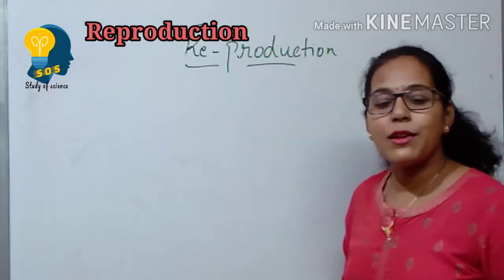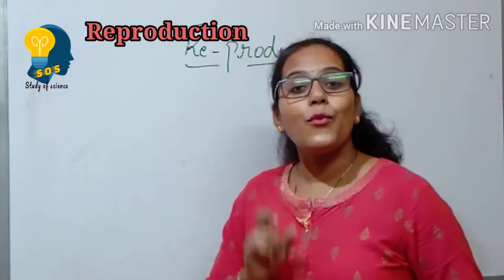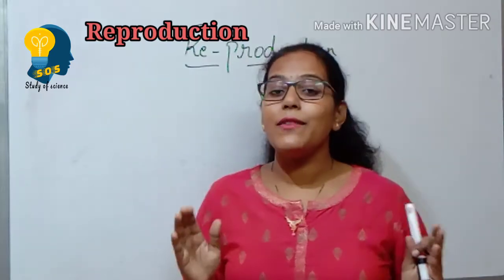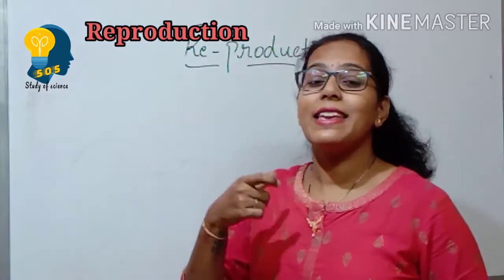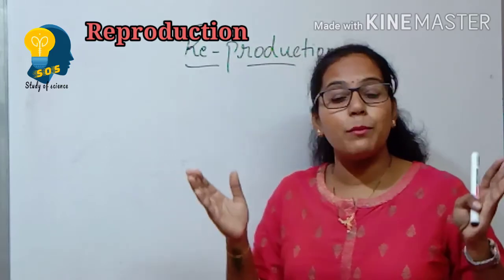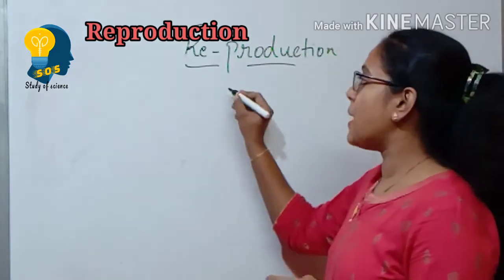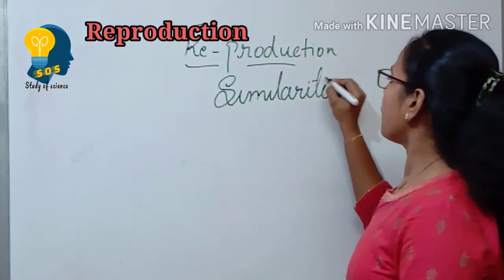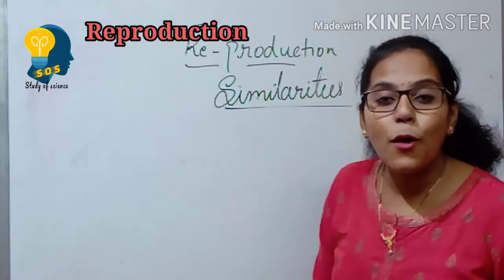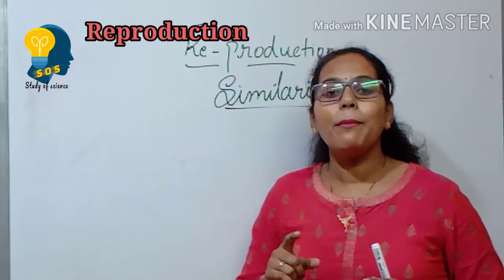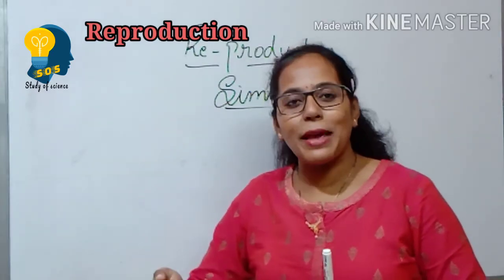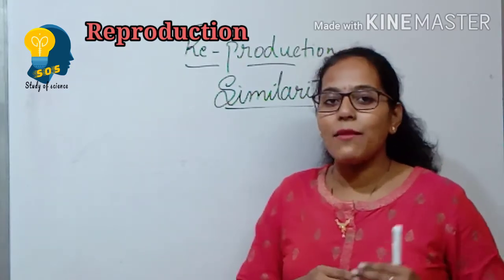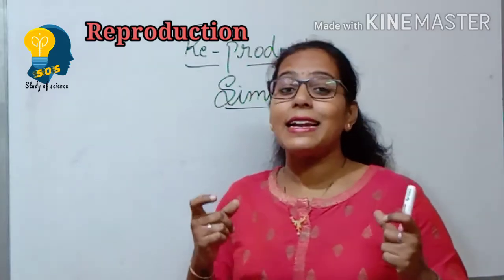So then how can we define the reproduction process? We can define reproduction as a process where all living organisms give birth to their young ones which have similarities with them. This word, similarities, is very important. Why is similarity very important? Because when a human being gives birth to its offspring, that is a small baby, that baby has similarities that the father or mother has. At least the basic characters remain the same.